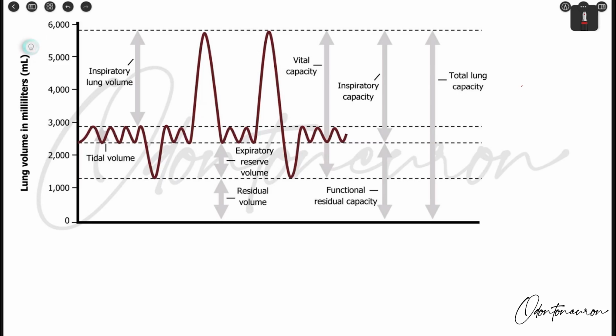Now, once you start breathing normally, without any hindrance, what do you see now? Any idea? I'm just giving you time to think.